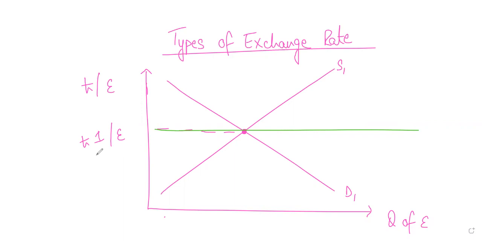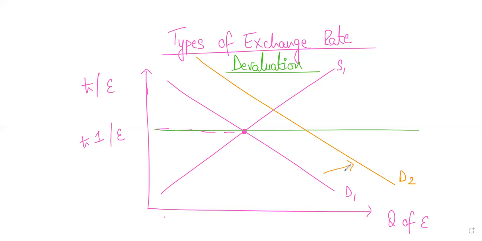Can we move on? Okay, now what happens? Let's say there are a couple of things taking place, and let's say this is an example of devaluation. For some reason, let's say there is some major event taking place in Europe. Some very interesting festival, a very massive mega event, is taking place in one of the countries in Europe, and a lot of Britishers are coming to attend.